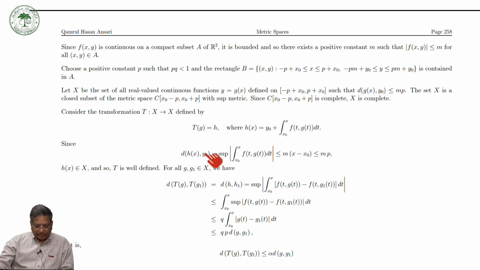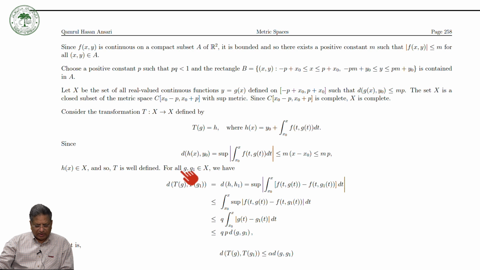So, since d(h(x), y0) is equal to the supremum of this one, and the supremum is less than or equal to M times |x - x0|, and this is less than or equal to Mp. It means that h is in X, and so T is well defined. Number one.